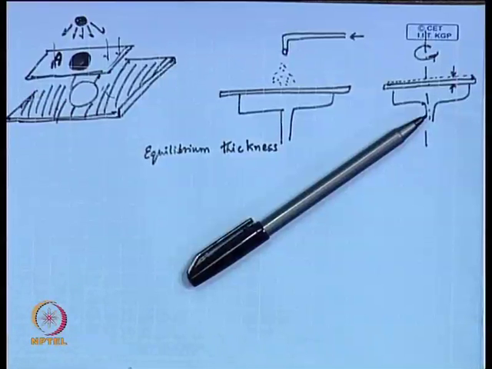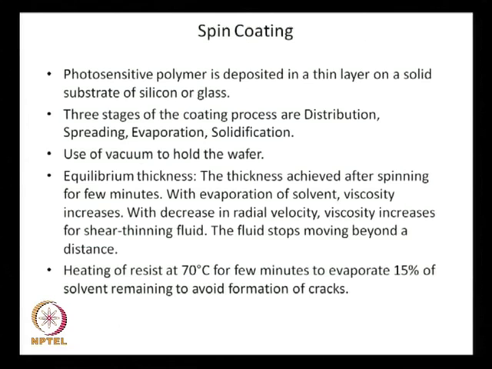Because of this evaporation, this material will become less of a liquid. So, automatically viscosity increases. After you spin for some time, you develop an equilibrium thickness, and you find that the liquid is not moving anymore beyond a distance. That is referred to as equilibrium thickness.